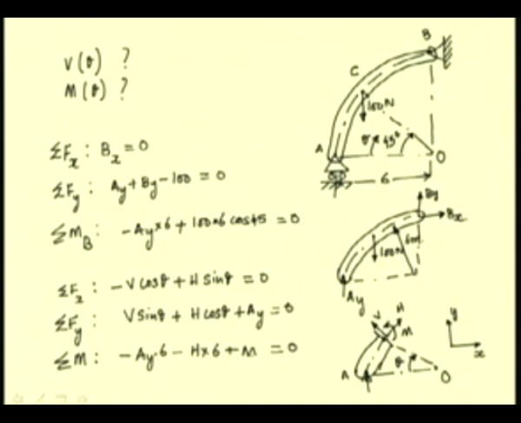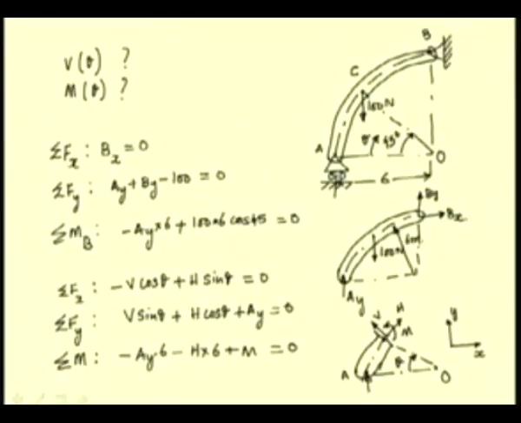Now, we can consider the free body diagram of a portion between C and B, and we can write the equations for shear force, axial force and bending moment.